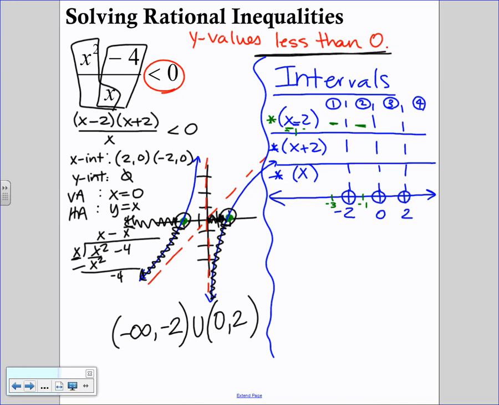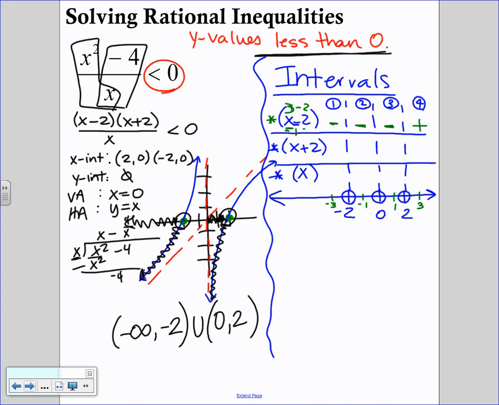So overall, that value is negative. And then I'm going to pick a positive 1 because that's a number that's in the third interval. If I plug a 1 in here, I have 1 minus 2, which is still overall negative. And let's pick a positive 3 in that fourth interval. 3 minus 2 is 1, so that's positive.